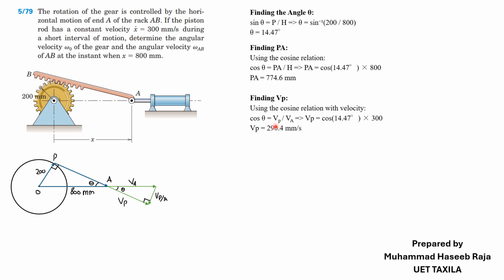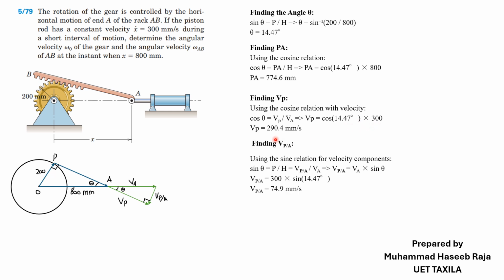Cos theta is equal to base over hypotenuse. Our base is VP and our hypotenuse is VA. We know VA from this: x dot is equal to 300 mm per second. So we multiply cos theta by VA and we get VP.